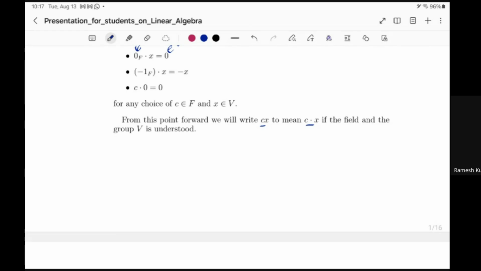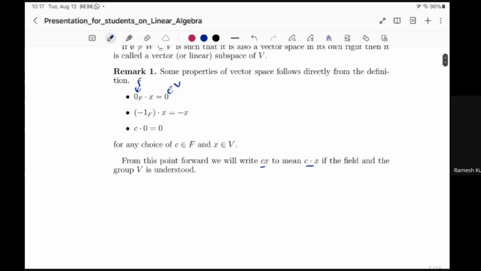Whatever we multiply with 0, we get 0 as a vector. Am I correct? Yes. So you're talking about the first point, right? Yes, sir. That's right. You take the 0 element of the field and you multiply any vector to it from the left. Actually, this is a left multiplication, so you have to be careful about that.